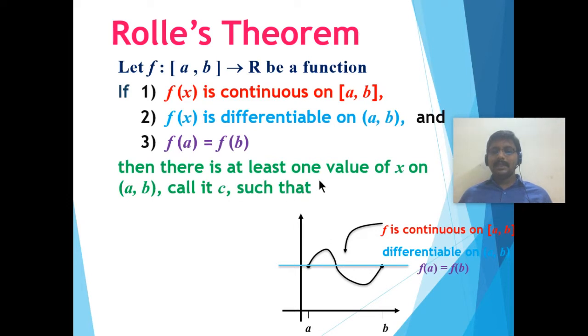Then there exists at least one value of x in open interval a comma b, call it c, such that f dash of c equal to 0.